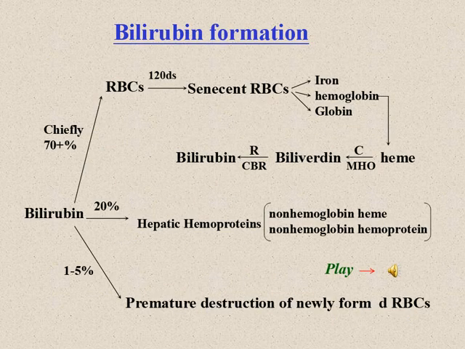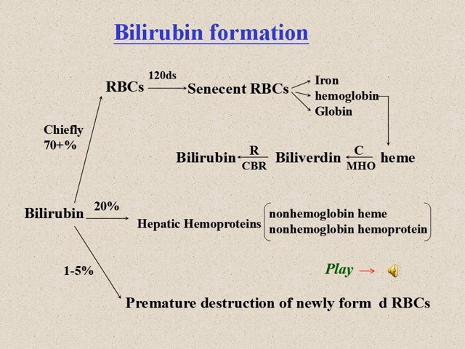This slide discusses bilirubin formation. About 70% of bilirubin, the chief source, comes from the destruction of RBCs after 120 days, that is, the senescent RBCs. These are converted to iron, heme, and globin.